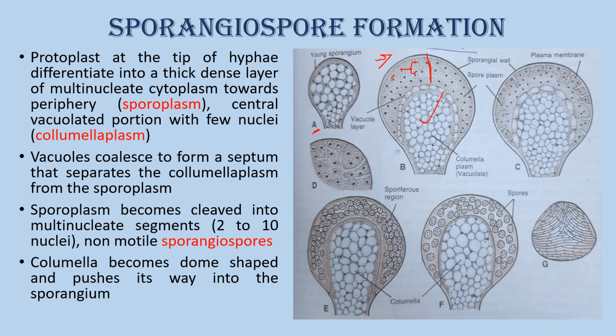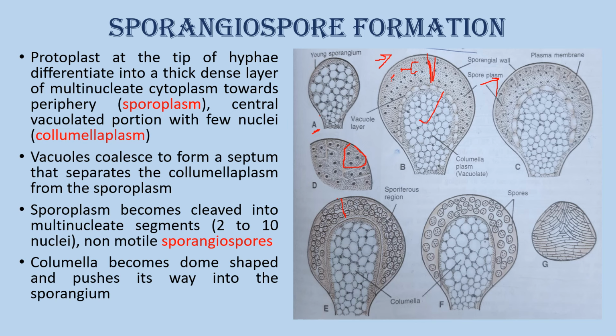The peripheral region is the sporogenous region, and it gradually gets segmented into multinucleate segments, and each of these multinucleate segments rounds off to produce these spores.